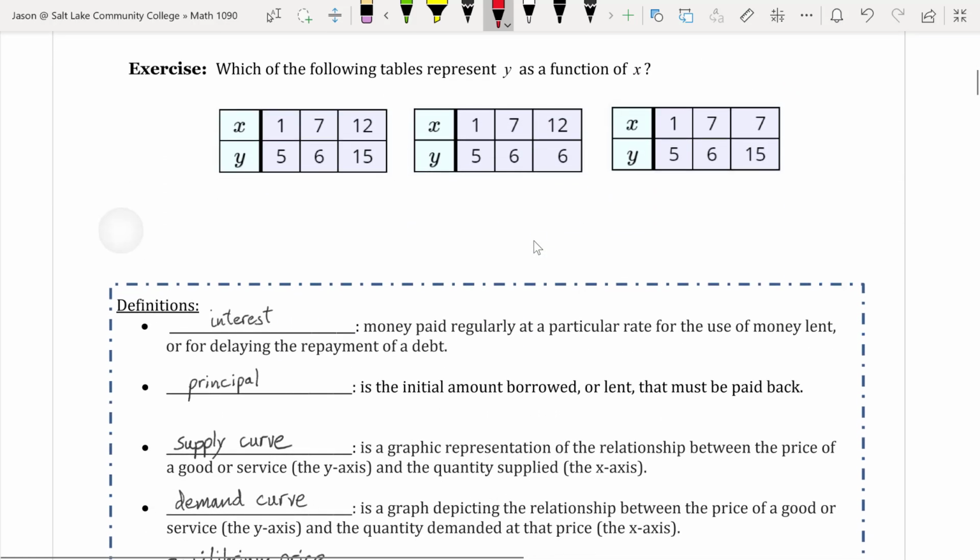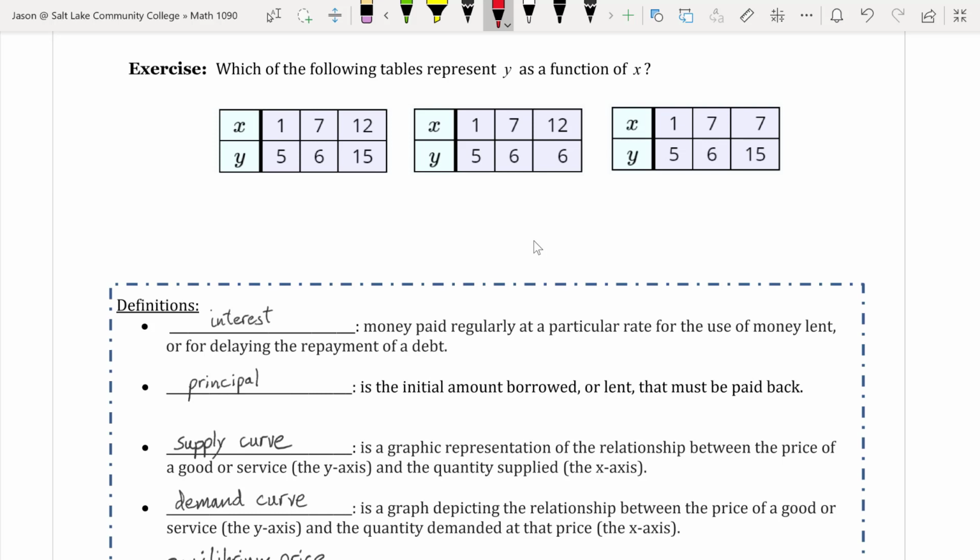Okay, how about which of the following tables represent y as a function of x? Well, we have to make sure that every input is related to exactly one output. In this first table, since every single input occurs just once, every input is being related to exactly one output. Same with this second table. Notice that 7 is getting related to 6 and 12 is getting related to 6.